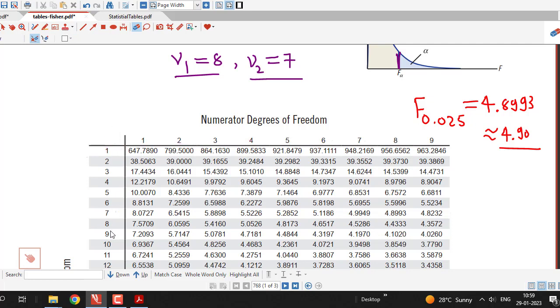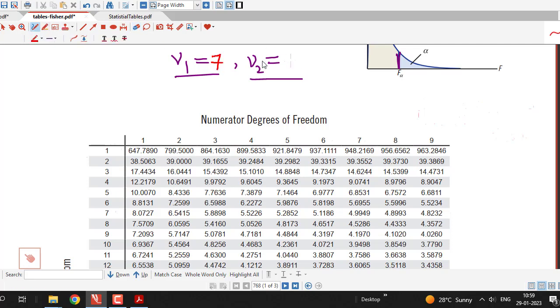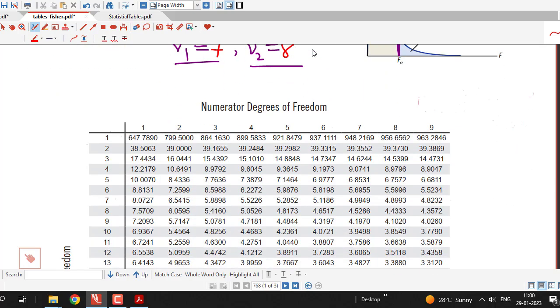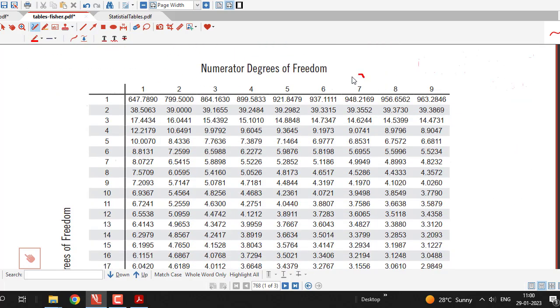Now our degrees of freedom are different. We are interchanging these two. Here I have 7 and 8, and alpha is 0.025. So now I have to go below this column, and here nu2 is 8. So I will take the intersecting point of these two lines, and that is nothing but this point.